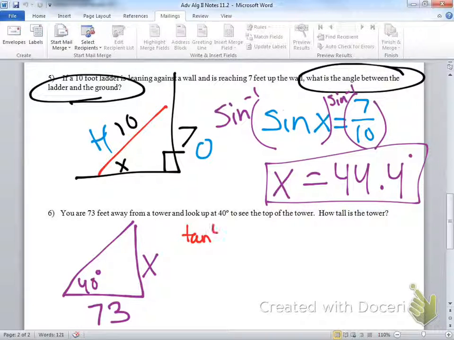Tangent 40 equals x over 73. So you can do tangent 40 and then multiply that by 73 and you'll get your x. Anybody have it? Yes, 61.3 feet.